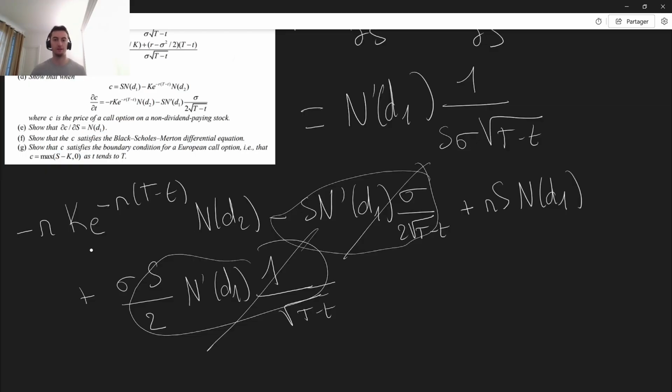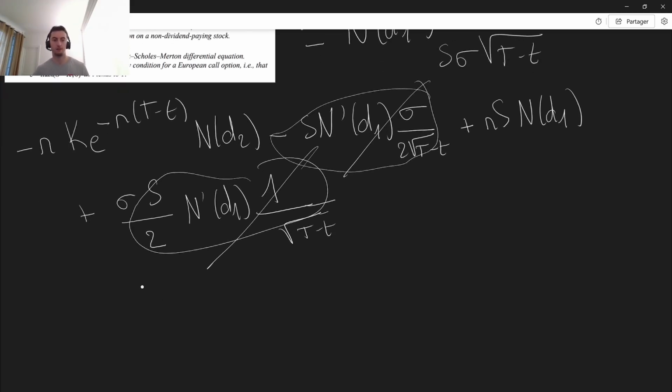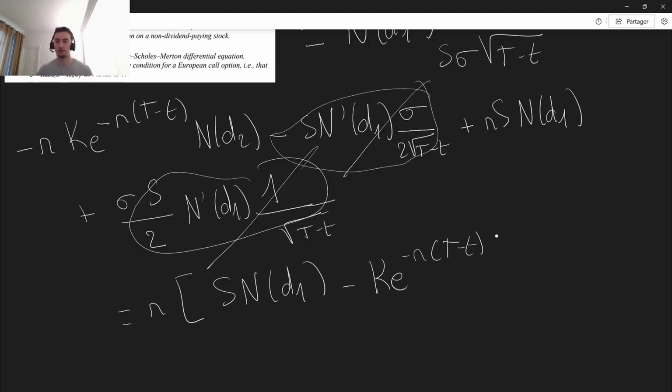And so we only have r, and we can put it in factor, and you will get exactly C, which is fantastic, because it's exactly what we want. So it solves the Black-Scholes-Merton differential equation.